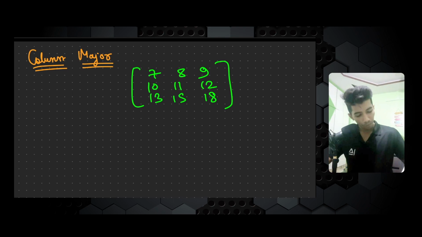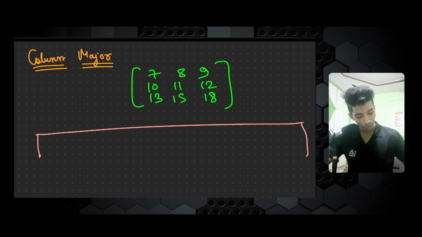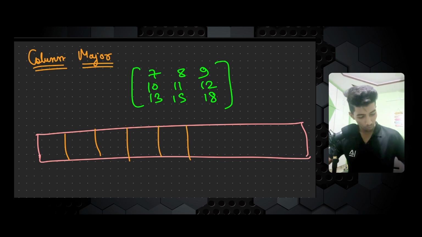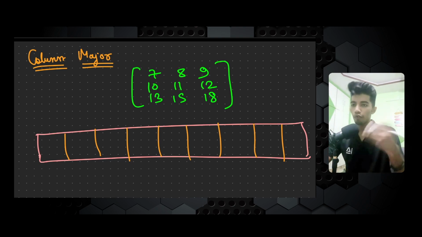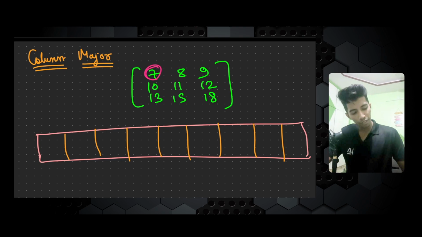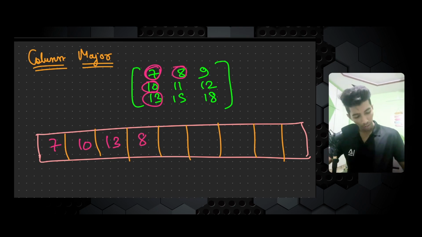Again, I will draw a memory representation of it here. Now let me put the values inside it. In column major, how will we put the values? First we pick the 7 here, then 10, then 13, then 8, then 11, then 15, then 9, then 12, then 18.